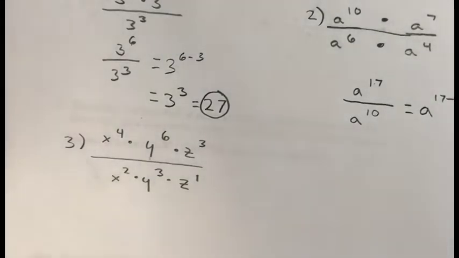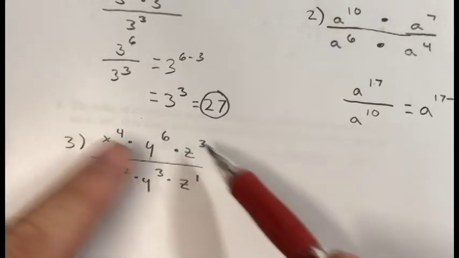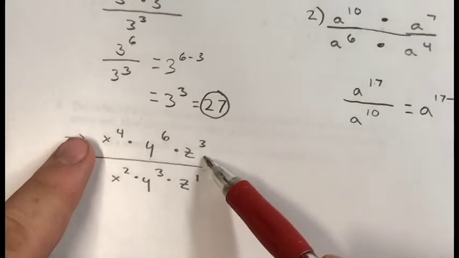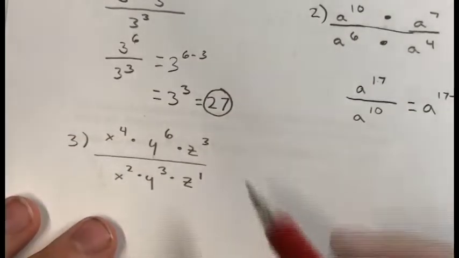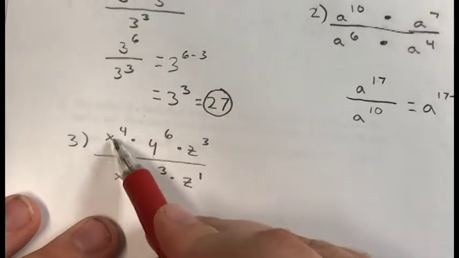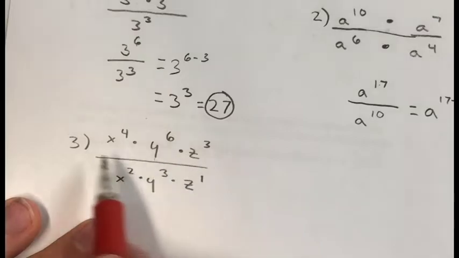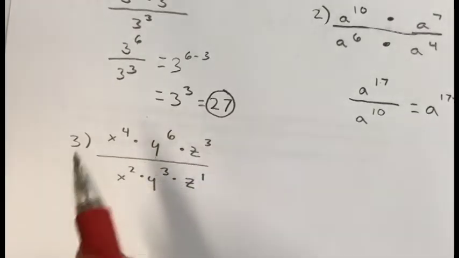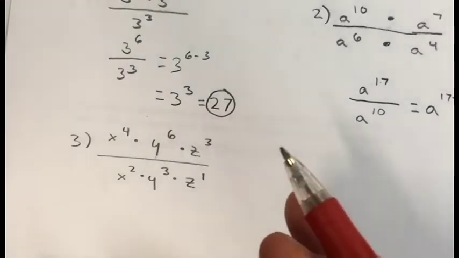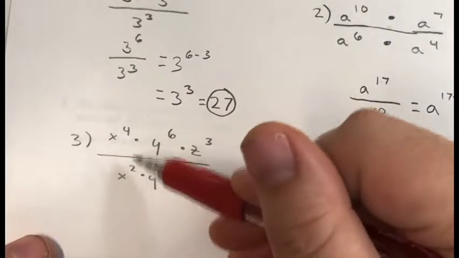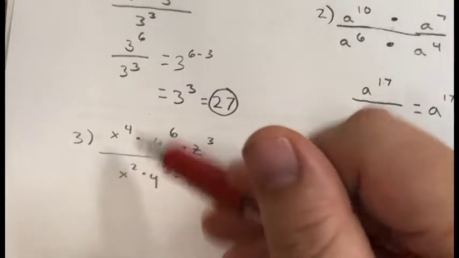But here's the thing. I'm actually taking this number, this weird looking number, and dividing it by this. So guess what I can actually do? I can actually concentrate just on my x's now. I've done the horizontal way. I've looked at the numerator, couldn't do anything. I've looked at my denominator, couldn't do anything. But in this case, since I'm multiplying, I know I can do a little something.